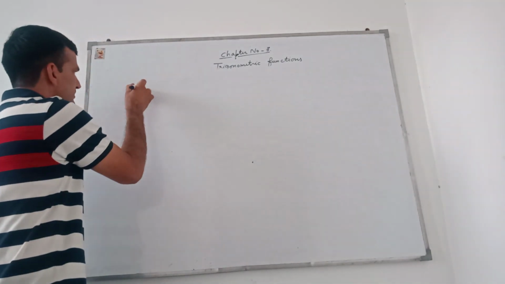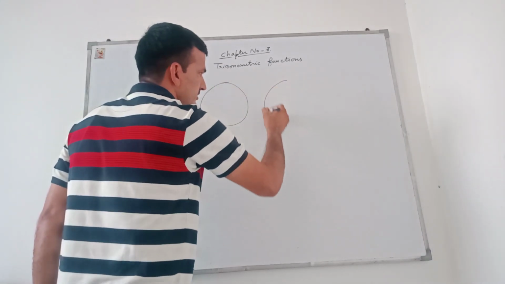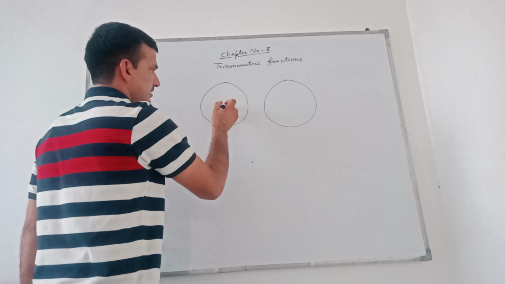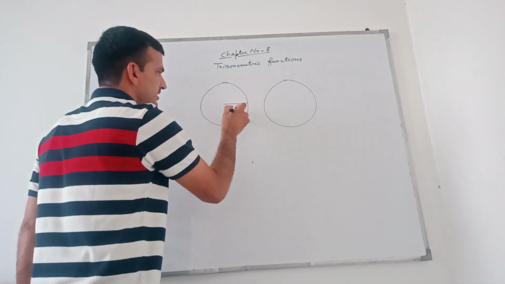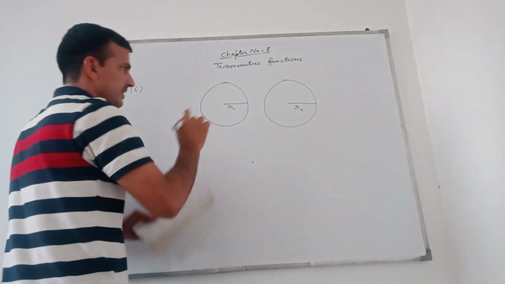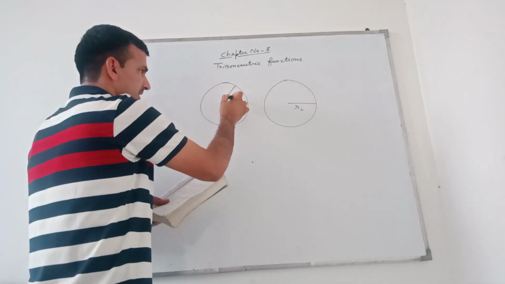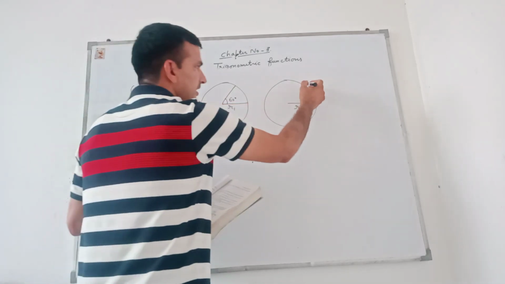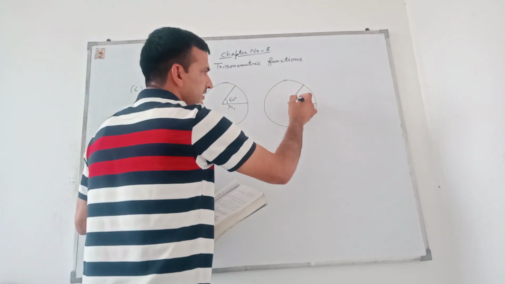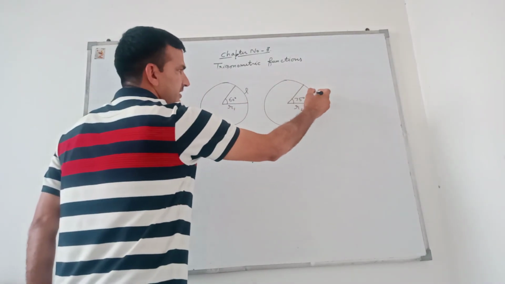Question number 6. These are the two circles. First circle, this second circle. Radius of first circle is R1 and radius of second circle is R2. Arcs of the same length subtend angle 60 degree here and angle 75 degree here.